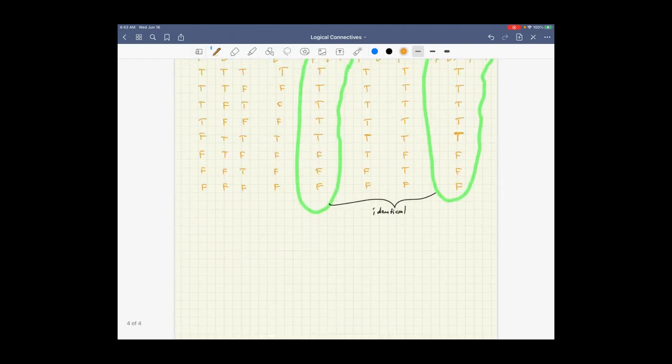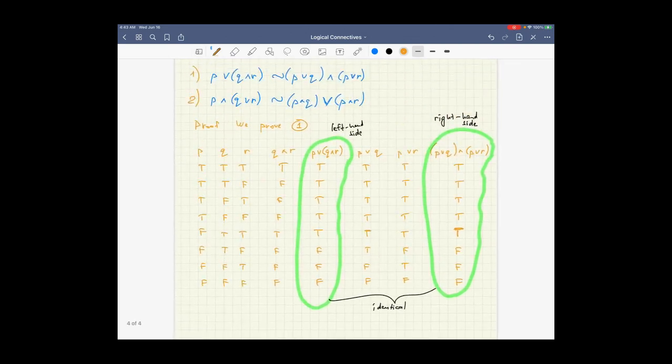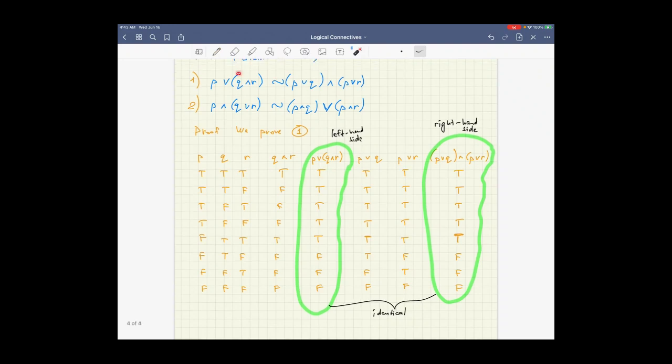Alright, now a small remark about the order of operations. I already said that we use parentheses to emphasize the order of operations here. So parentheses here tell you that you first consider the AND statement, the conjunction of Q and R, and then the result is considered in disjunction with P. Without parentheses, this statement becomes ambiguous, and the result of a logical statement actually depends on the order of operations.